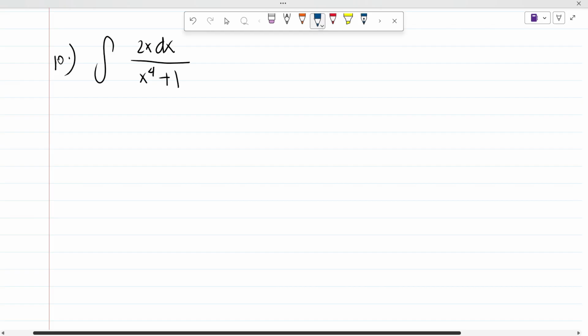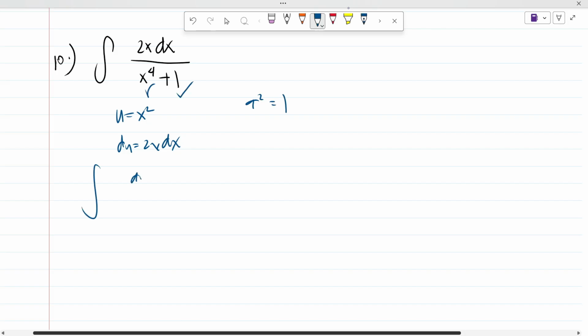Dito. 2x all over x4 plus 1 guys. So, sa dito naman guys, ulit. Ano na naman to? Inverse. Game. So, dahil inverse to guys, yung u natin is what? X squared. The du of this is 2x dx. Ang a squared nito is equals to 1. So, this will be the u and this will be the a guys.